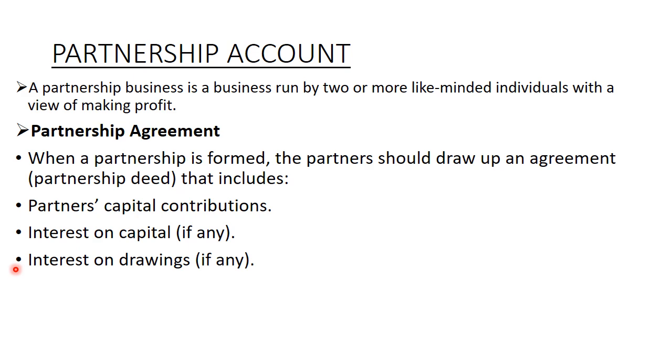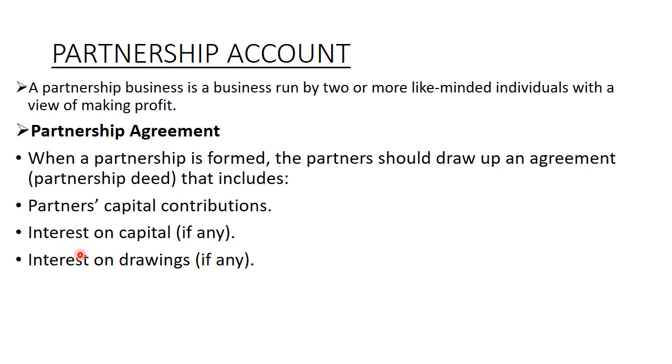So in a nutshell, when a partner is withdrawing money, they are charged an interest. These two are opposite. When adding capital to the business, you are given interest on that capital, that is, you gain money. You can add 20,000, and if the interest on capital is 10%, 10% of 20,000 is 2,000.